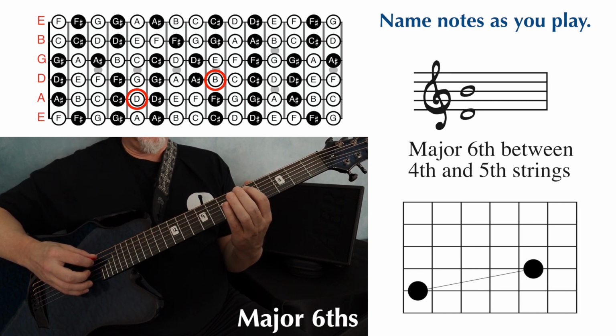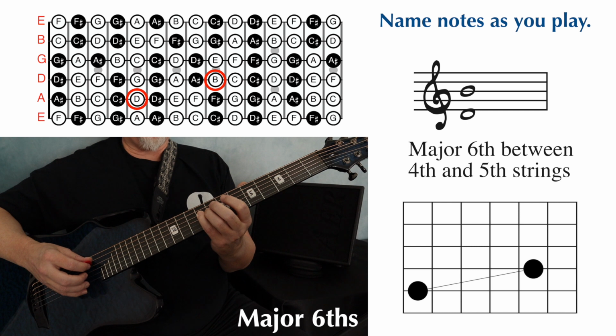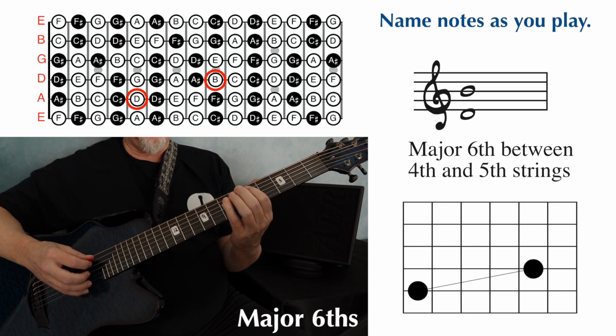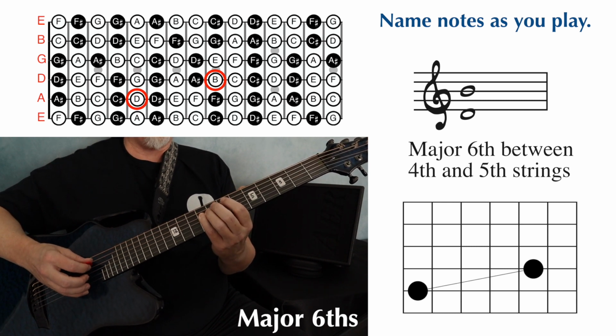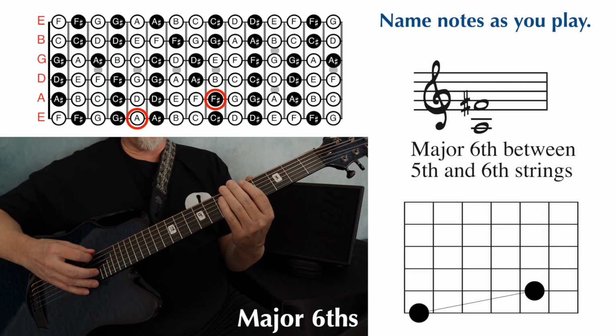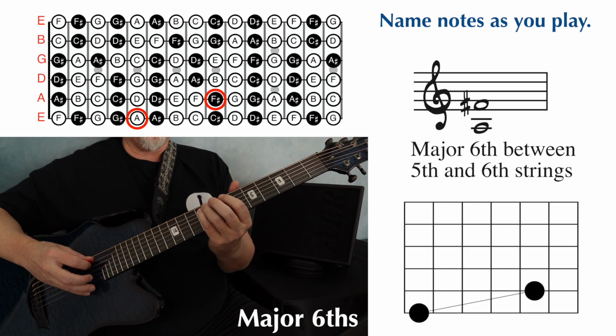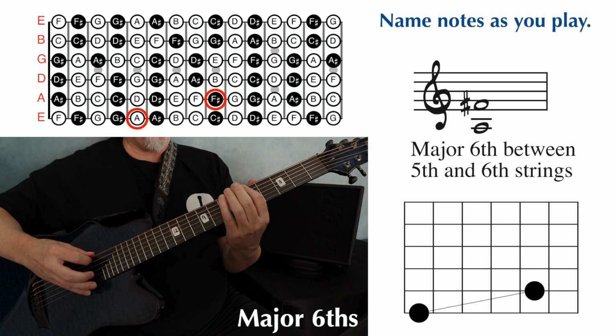We got a D, 4 frets away from that on string 4 is a B, D, B. And a major 6 between strings 5 and 6 is also 4 frets away. We have an A, major 6th above an A is an F sharp, 4 frets away.